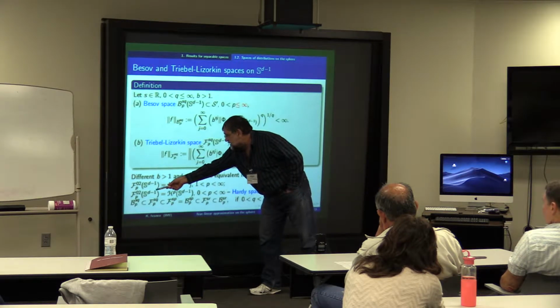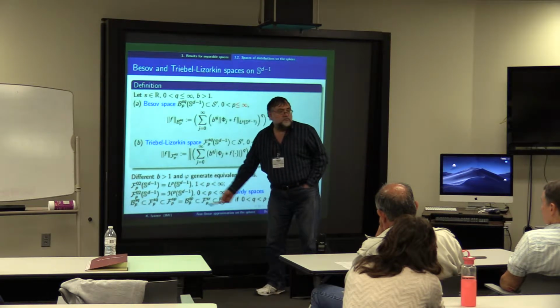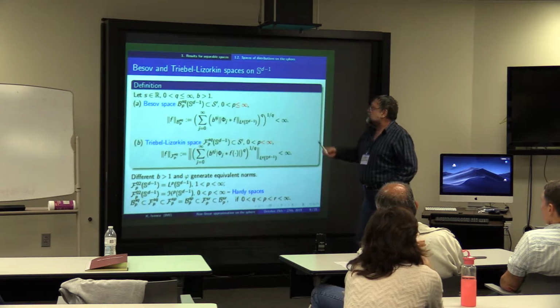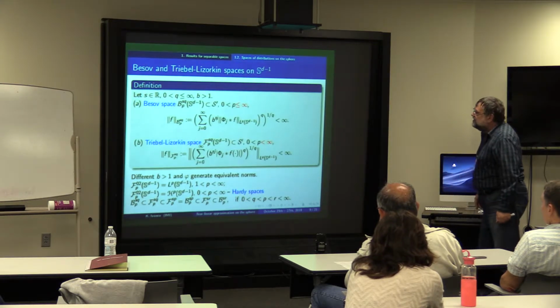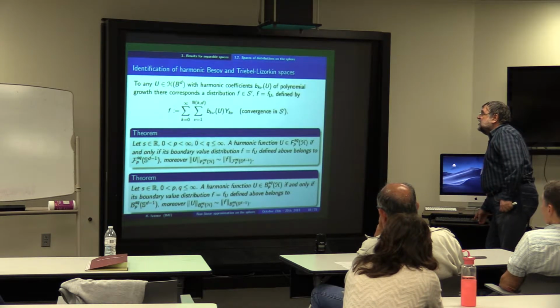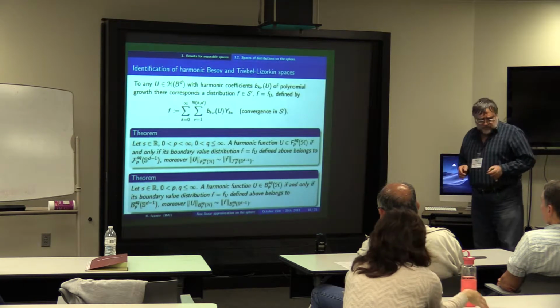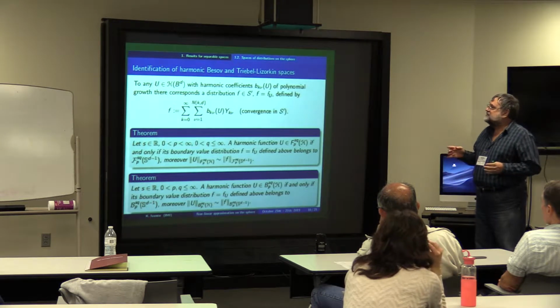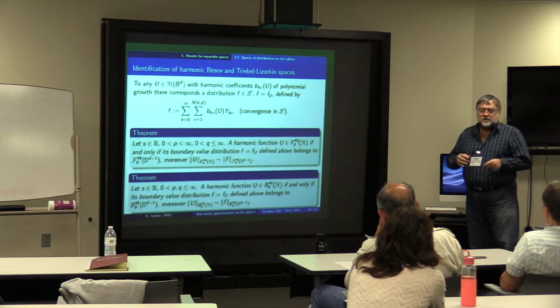On the other side, Triebel-Lizorkin space for q equal to 2 equals the standard spaces which do exist. Okay? And finally, some connection between Triebel-Lizorkin spaces on the sphere and on the ball.